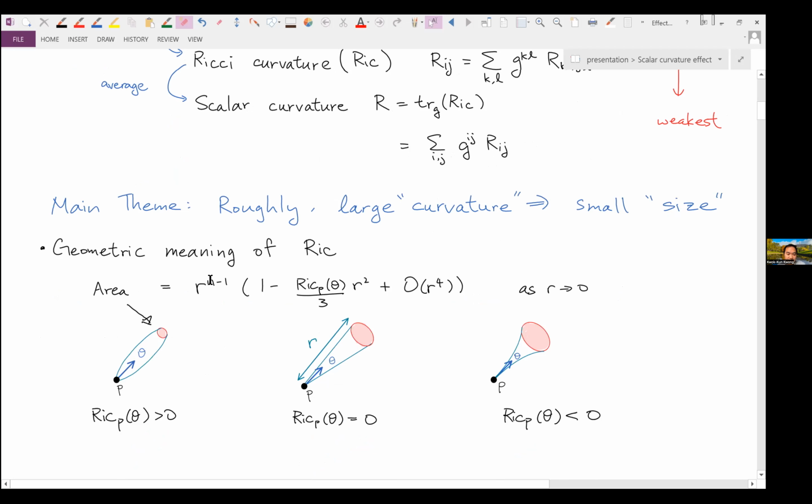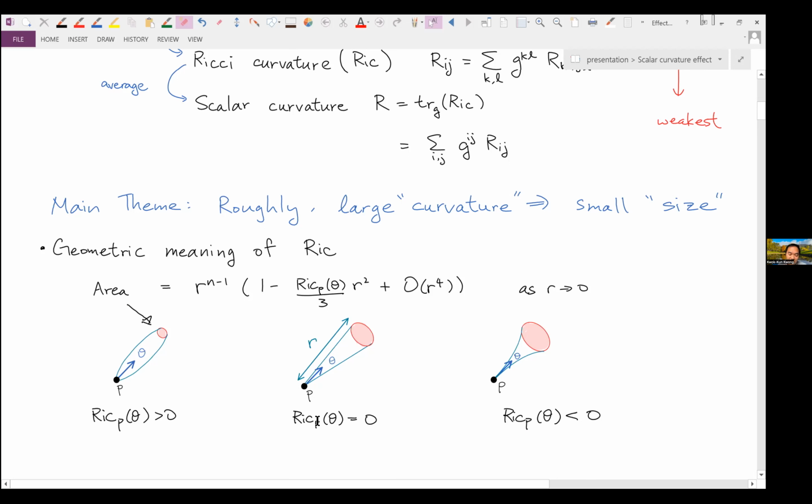So we can fix a certain direction in the tangent space at p. Let's say we have a fixed point p, and then there's a certain direction theta. If we shoot a geodesic, or if you like, a light ray, around this direction theta, then it will trace out a cone, and we measure the cross-sectional area of the cone.